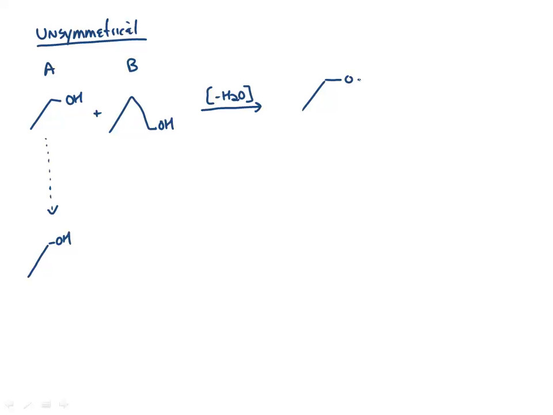So this is A and A reacting. If B reacts with a molecule that looks exactly the same as B, like this, then we're going to get a molecule where both parts are B. So this is B and B.